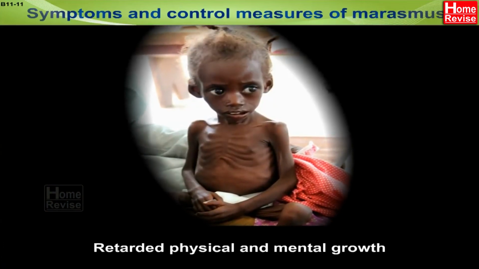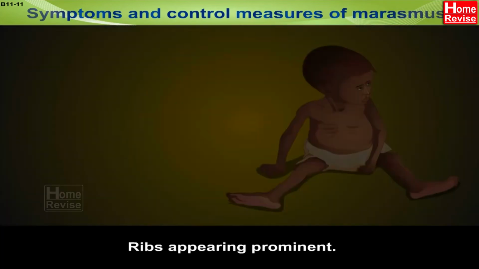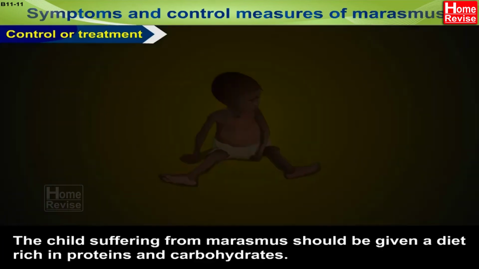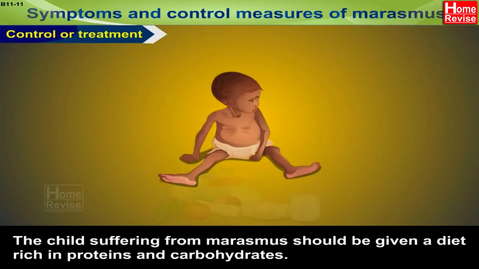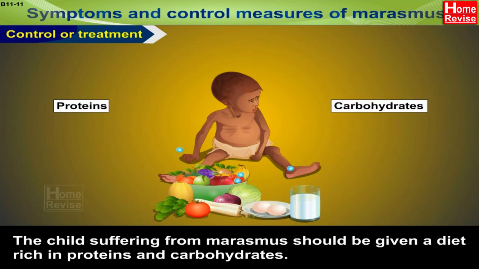Retarded physical and mental growth. Ribs appearing prominent. Control or treatment. The child suffering from marasmus should be given a diet rich in proteins and carbohydrates.